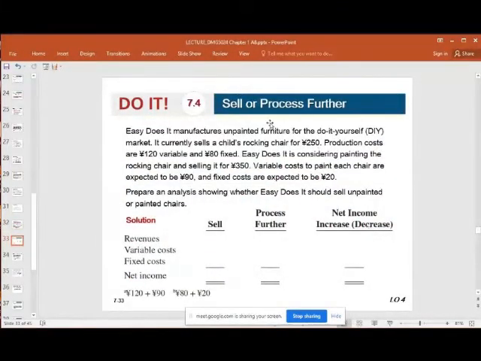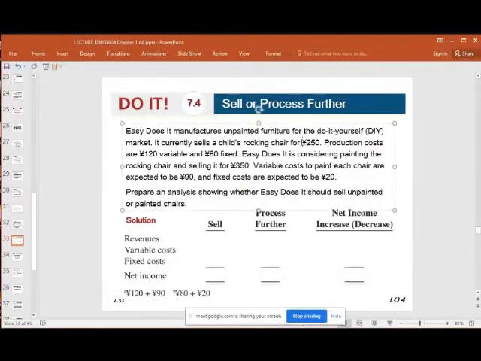Okay, let's try this. Easy Does It manufactures unpainted furniture for the do-it-yourself DIY market. It currently sells a child's rocking chair for 250, and the production cost is 120 variable and 80 fixed. Easy Does It is considering painting the rocking chair and selling it at 350.